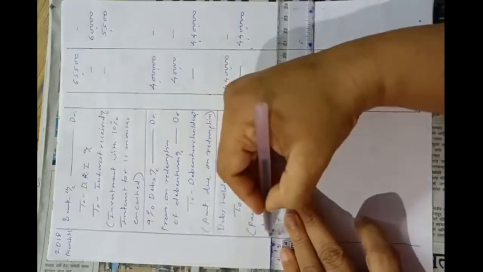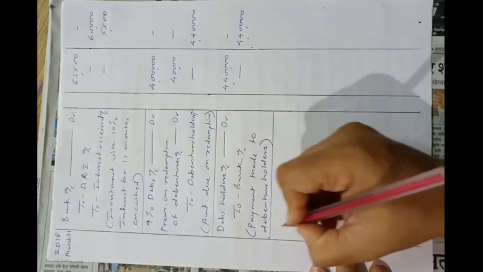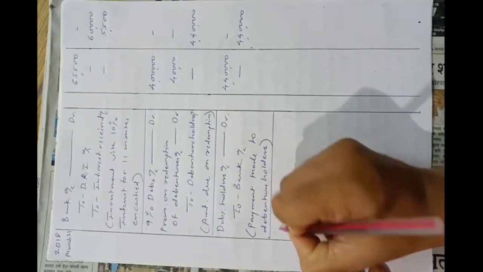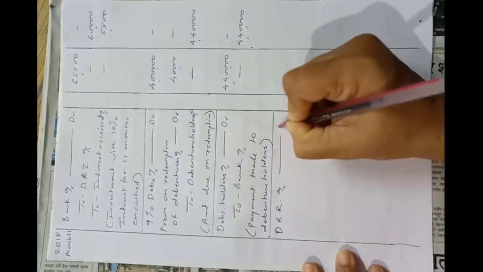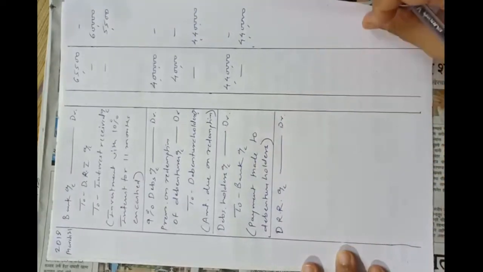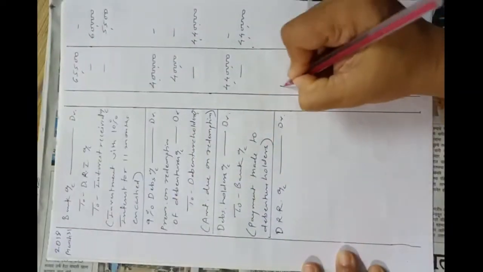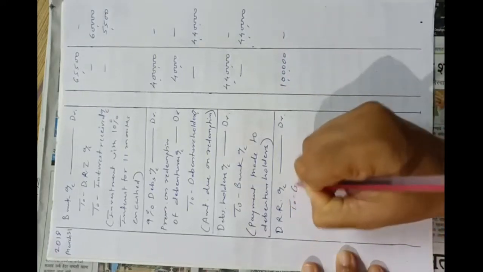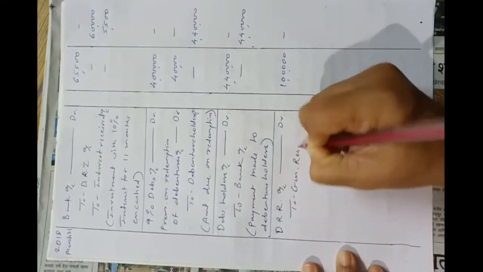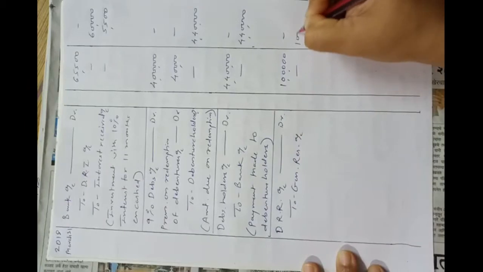Now the amount in DRR will be transferred to general reserve account. So DRR account debit. We have an amount of rupees 1 lakh in DRR. So DRR account debit 1 lakh to general reserve account 1 lakh.